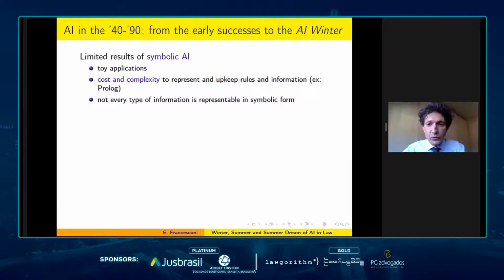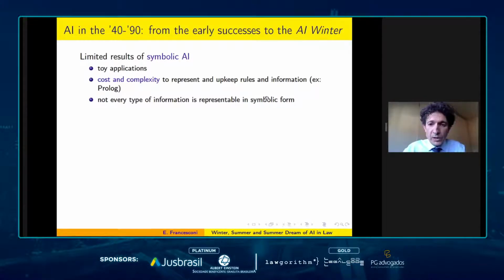characterized by cost and complexity to represent and keep rules and information, for example, using Prolog. And it was also clear since the beginning that not every type of information is representable in symbolic form.